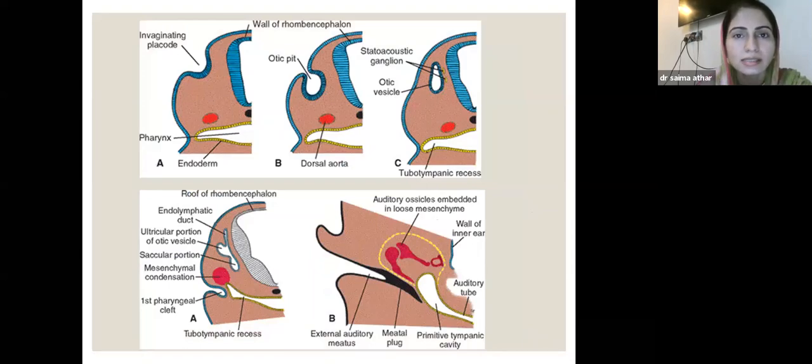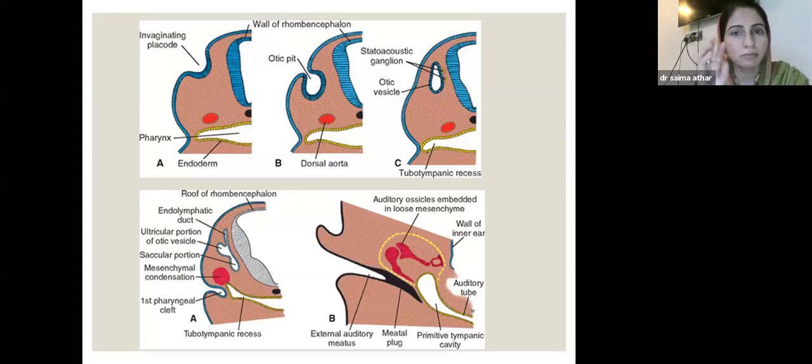The reason is that the duct is developing from the otic vesicle, and the otic vesicle is developing from the surface ectoderm. This mesenchyme is developing from the neural crest cells, and this mesenchyme will give rise to the bony labyrinth. Okay, so the membranous labyrinth is developing from surface ectoderm. The bony labyrinth will develop from the mesenchyme, which is surrounding the membranous labyrinth.